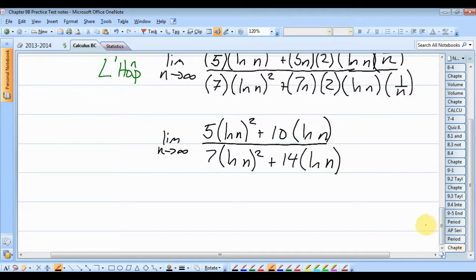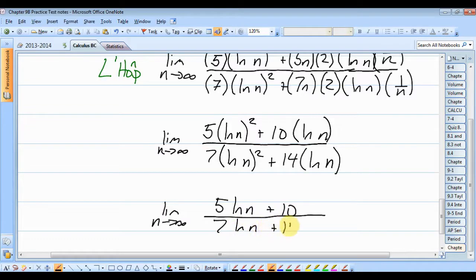We can cancel out one of those natural log of n's. That gives me the limit as n approaches infinity of 5 log n plus 10 over 7 natural log n plus 14.